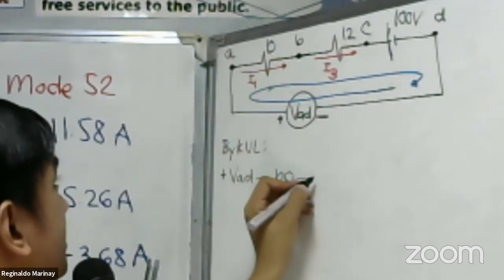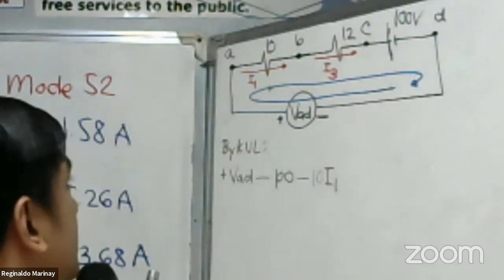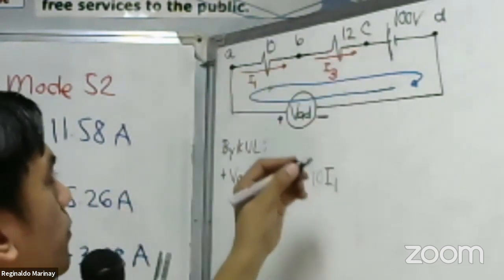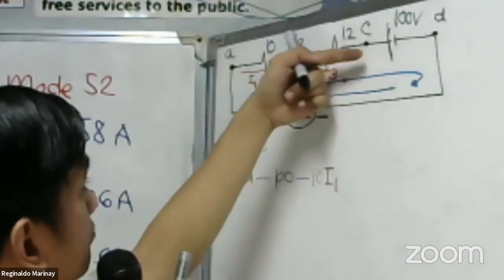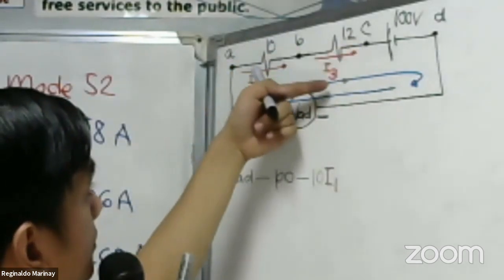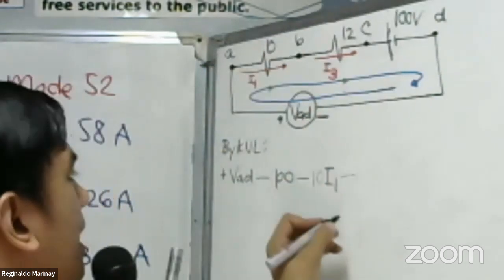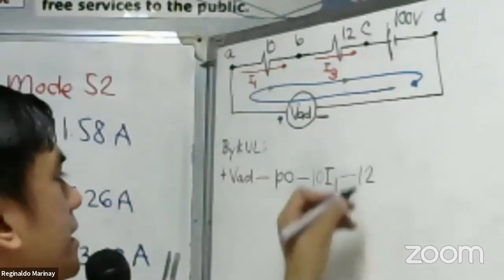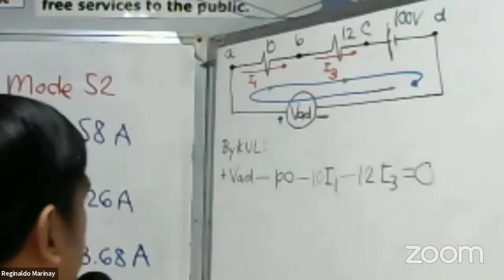So that is 10 I1. Okay? What about here? This is to the right also. One direction, one line. So that is 12 I sub 3. So that is equal to 0.